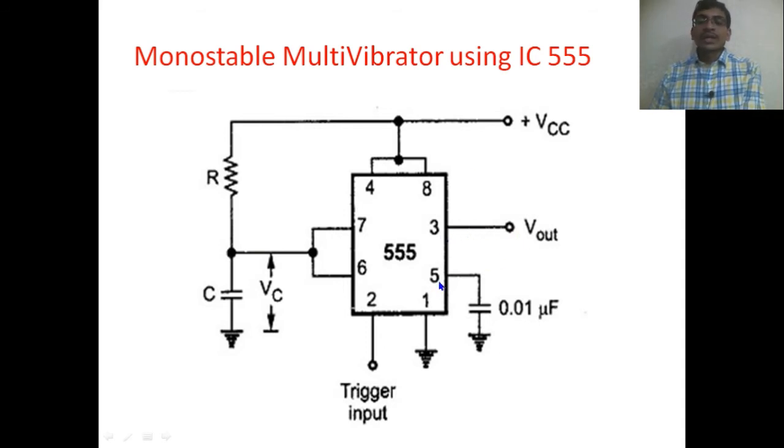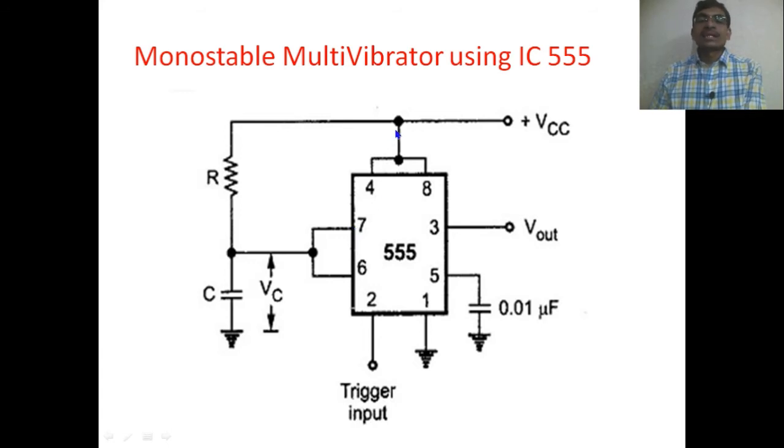Then the fourth and eighth pins are given to the VCC, and the third pin is the output terminal. The fifth pin, the control voltage pin, is given to ground through a 0.01 microfarad capacitor, used to bypass some noise signals. The first pin is the ground pin, which is connected to the ground, and the second pin is the trigger input. The sixth and seventh pins are joined and then given to a capacitor C. The voltage across the capacitor VC will be the voltage at the sixth pin as well as the seventh pin.